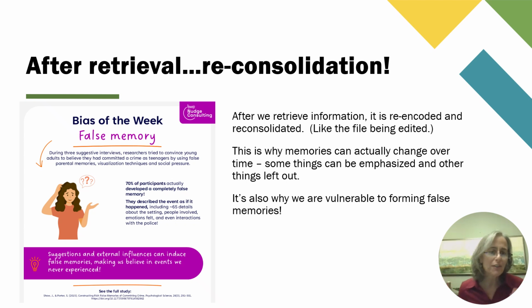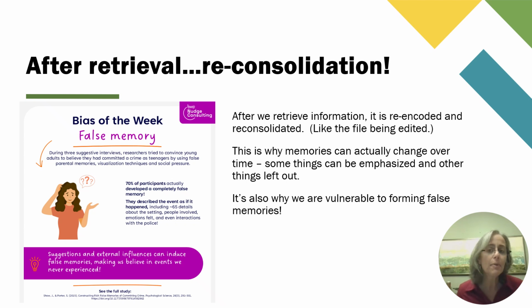The study referenced in the graphic you can see here is one where researchers intentionally tried to convince young adults that they had actually committed a crime when they were teenagers. They did this over a series of three interviews using specific suggestive techniques. They were doing this on purpose.